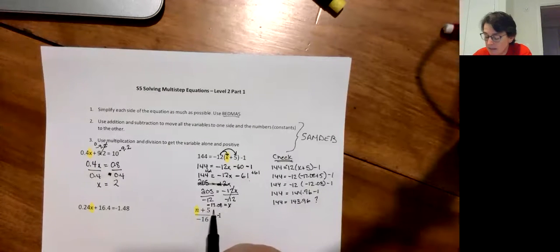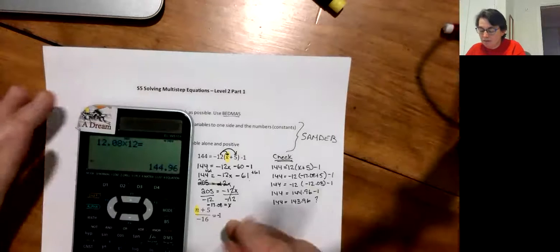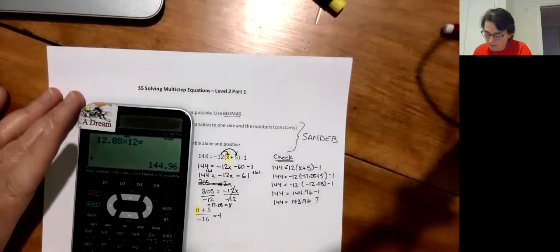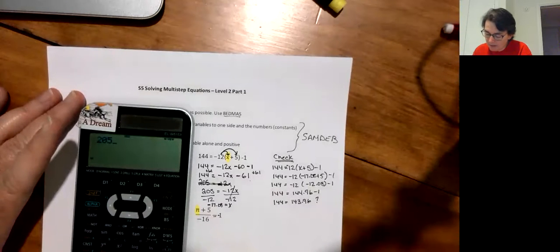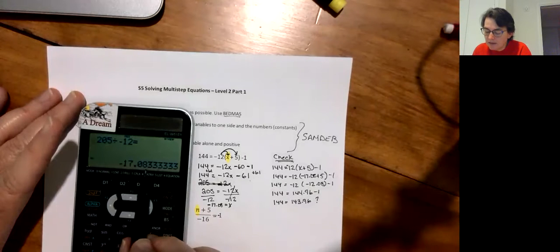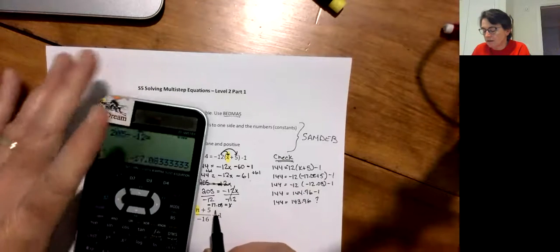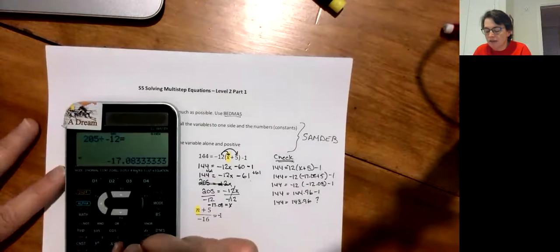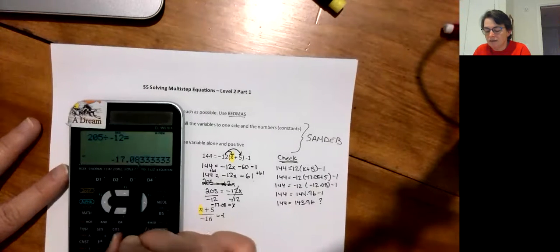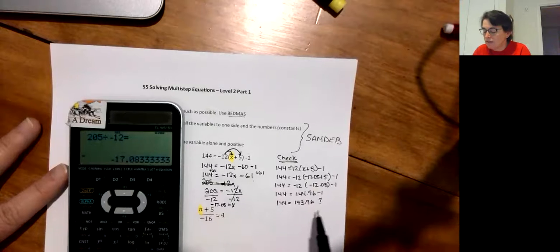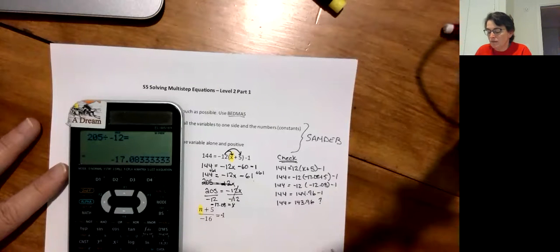See, because when I did this part, I'm just going to bring my calculator back over here. When I go 205 divided by, you put the minus in for you, 12, it's 17.083333 repeating. By just carrying 17.08, I've lost this little bit of extra value here. So when I do my check, it's going to be off by a little bit.